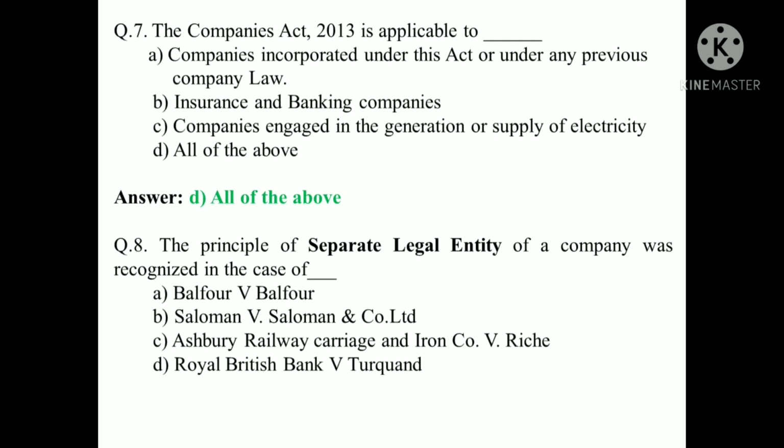Options are A, Balfour versus Balfour; B, Salomon versus Salomon and Company Limited; C, Ashbury Railway Carriage and Iron Company versus Riche; and D, Royal British Bank versus Turquand. मीन्स ये जो सेपरेट लीगल एंटिटी, ये जो प्रिंसिपल है, फर्स्ट टाइम किस केस में रिकॉग्नाइज किया है? यहाँ पे करेक्ट आंसर है यस, आंसर बी, Salomon versus Salomon and Company Limited.